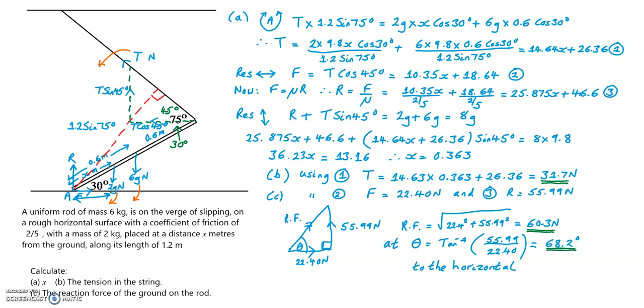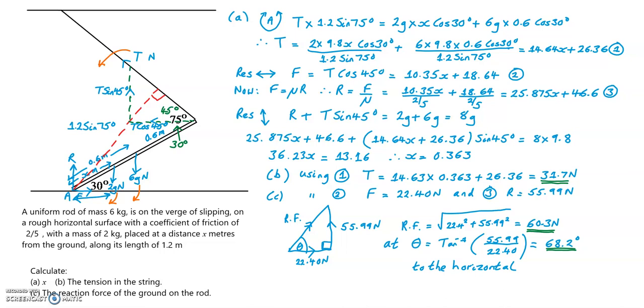Now resolving vertically, the forces acting vertically upwards are R, so R plus the vertical component of the tension, which is T sine 45, must be balanced by the sum of the two weights acting vertically downwards, which will give 8G.